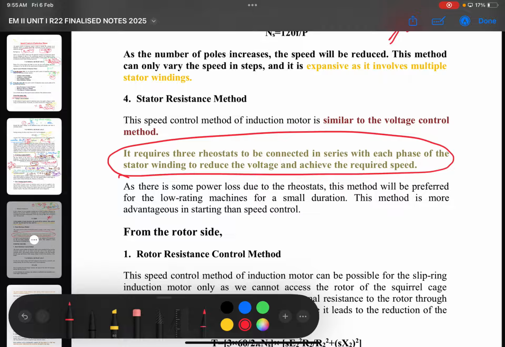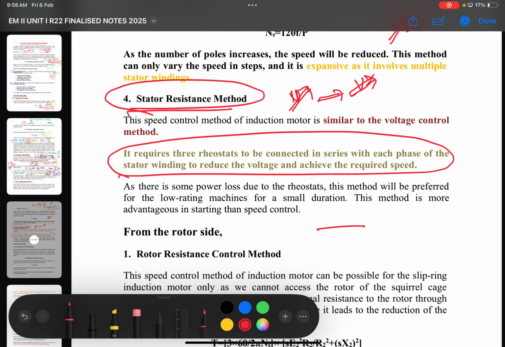Similarly here also, if I want to change the speed, for that I can change by using which parameter? Voltage. How, when voltage is changed here? Okay, this is the supply voltage, and this is the 3-phase induction motor.